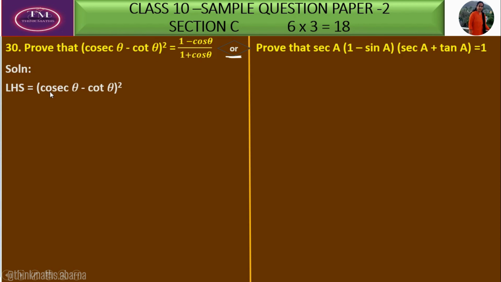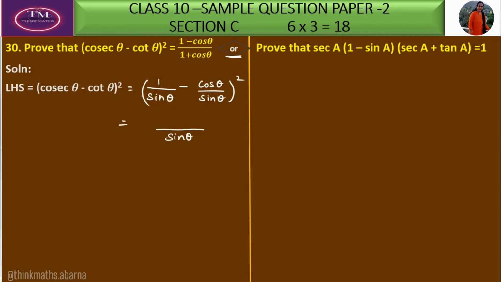It is given that (cosecant theta minus cot theta) whole square. So what is cosecant theta? It is nothing but 1 by sin theta, minus cot, which can be written as cos theta divided by sin theta, whole square. Now both have the same LCM, sin theta. So we can write sin theta in the denominator.